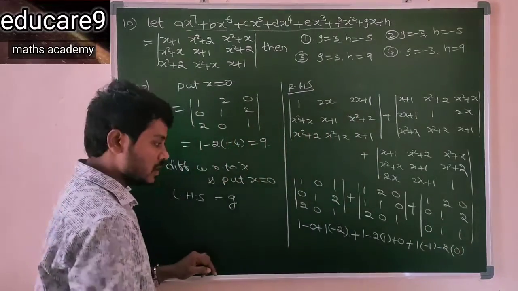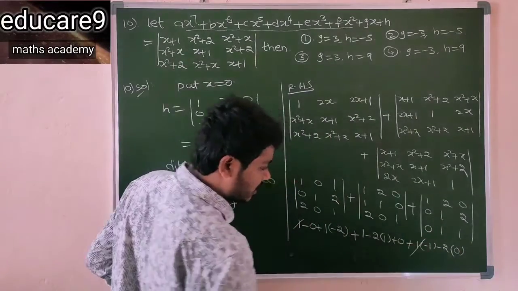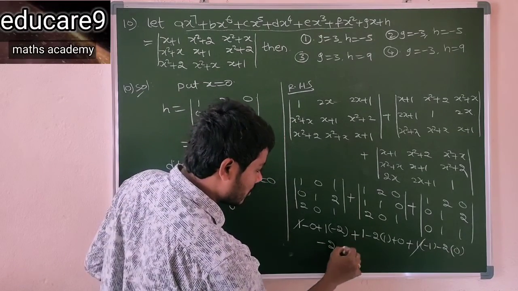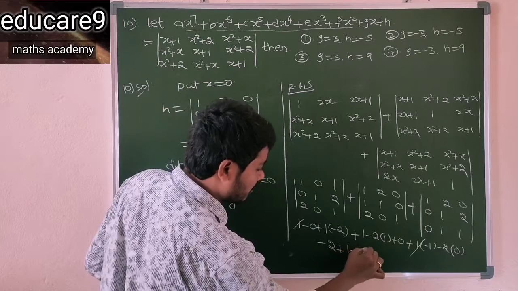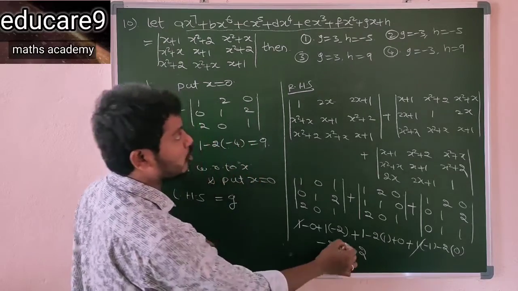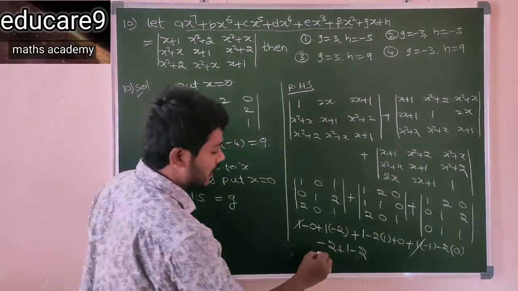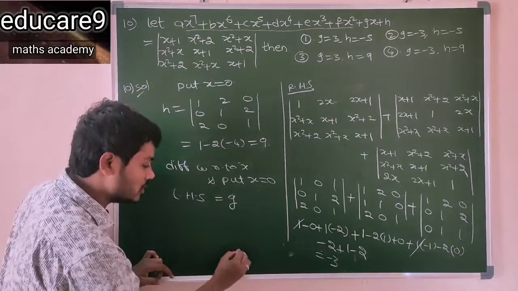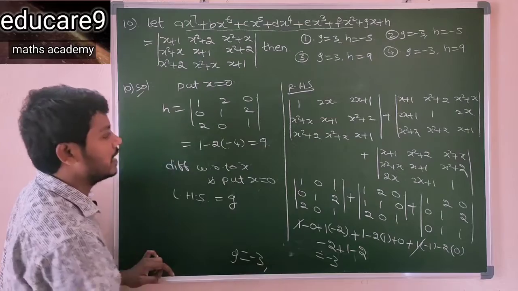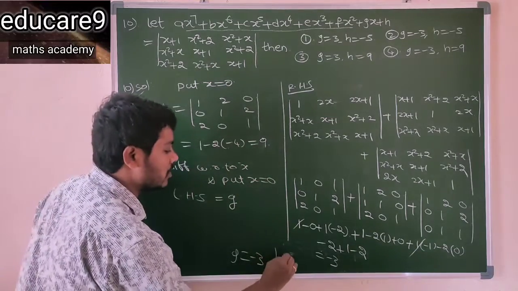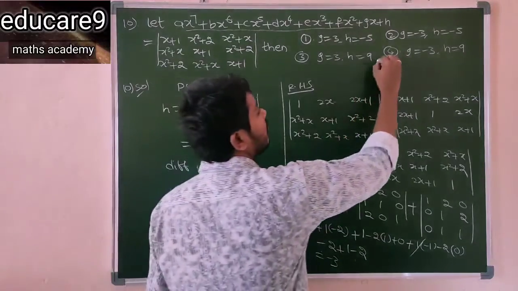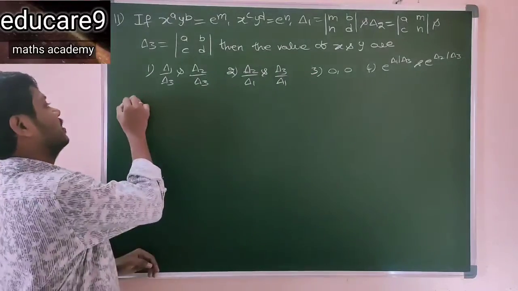Next one 0. So plus 1 minus 1 get cancelled. Now this is minus 2 plus 1 minus 2. So minus 4 plus 1. You will get minus 3. Therefore, what is the g value? g is equal to minus 3 and h is equal to 9. So clearly option 4. So see the next question.